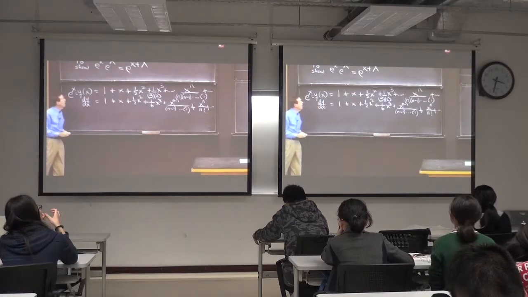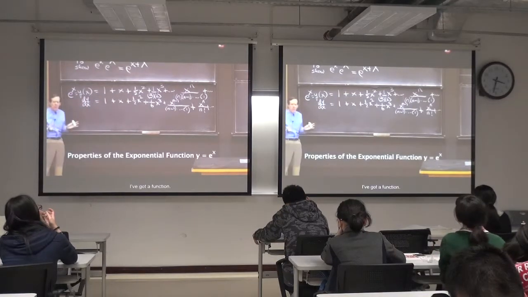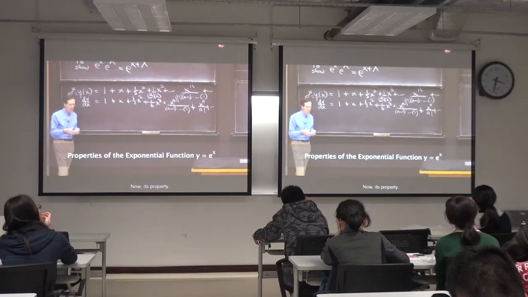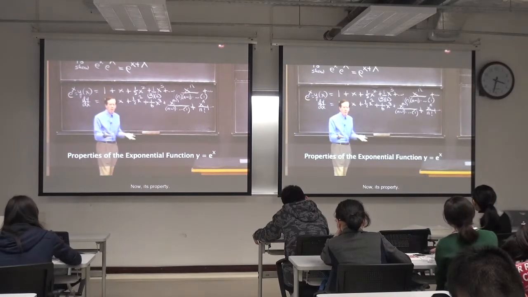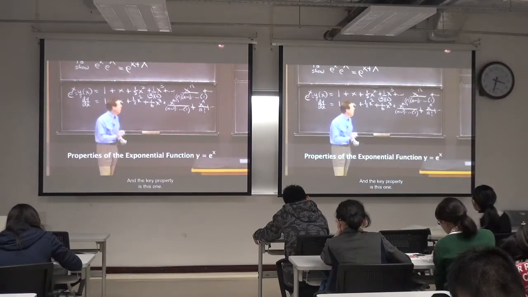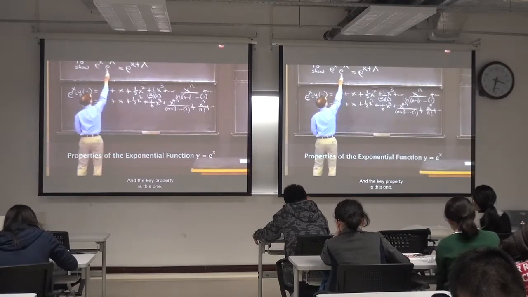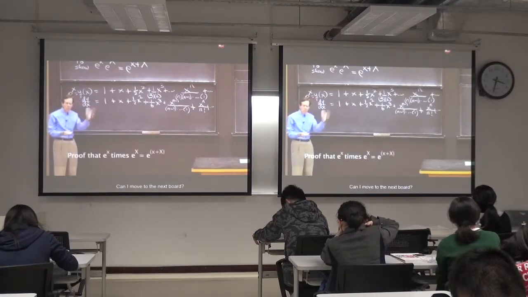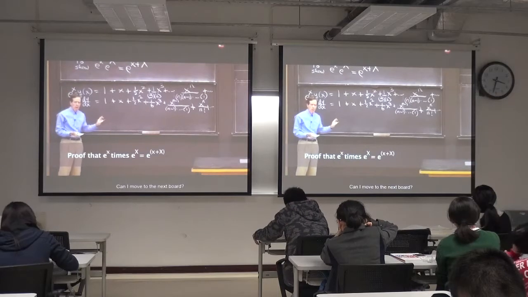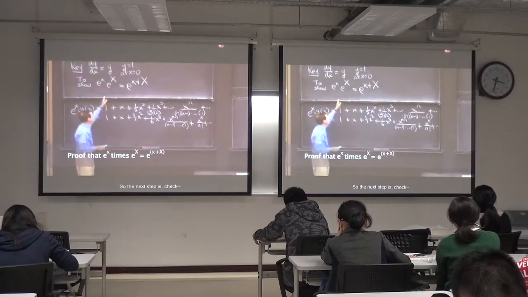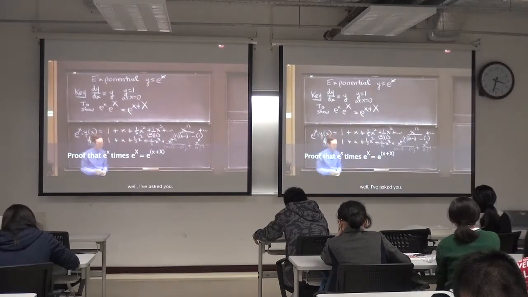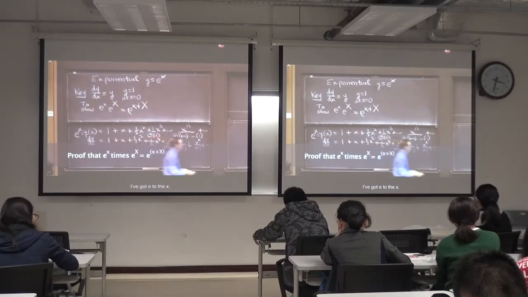Okay. I've got a function, now its property. And the key property is this. Can I move to the next board? So the next step is check, well, I've asked you. I've got e to the x.